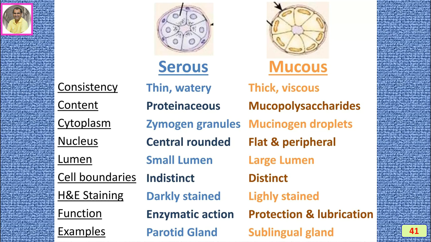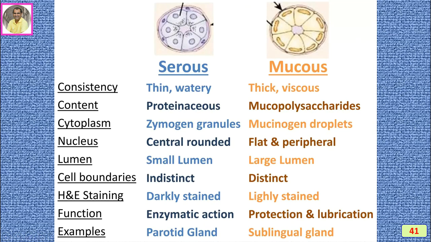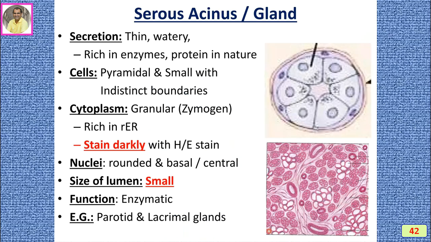For example, the serous producing gland is the parotid, which produces saliva containing a variety of copious structures, whereas the sublingual glands are mucus glands which produce saliva. Both produce saliva, but the consistency will be different. The acinar or gland cells give a thin, watery secretion, rich in enzymes, protein in nature.